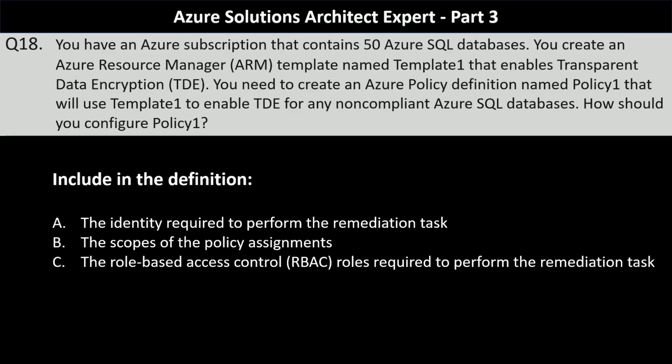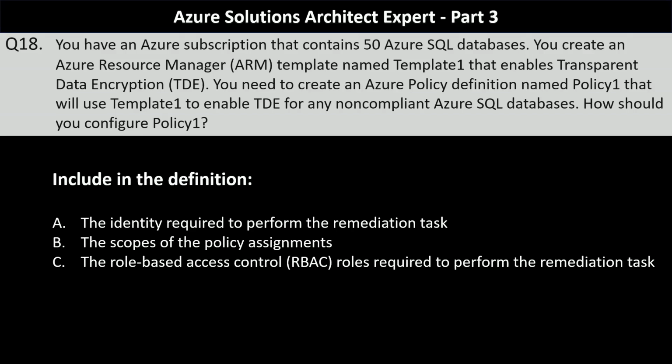Now, the next part of the question is include in the definition. Your options are the identity required to perform the remediation task, the scope of the policy assignment, the role-based access control RBAC roles required to perform the remediation task.